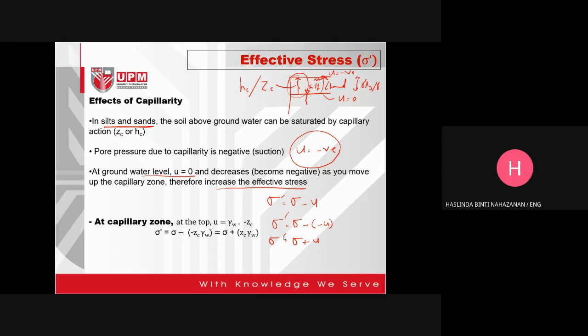Here ZC or HC is the depth of the capillarity, so U here is negative gamma W ZC. Okay, boleh?